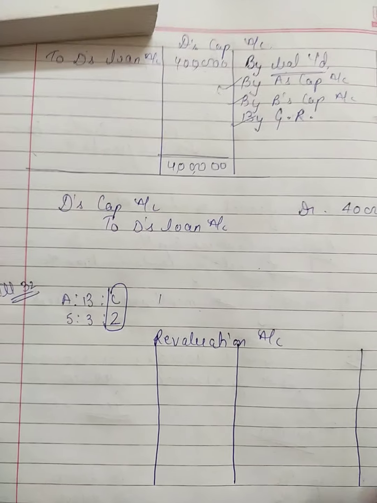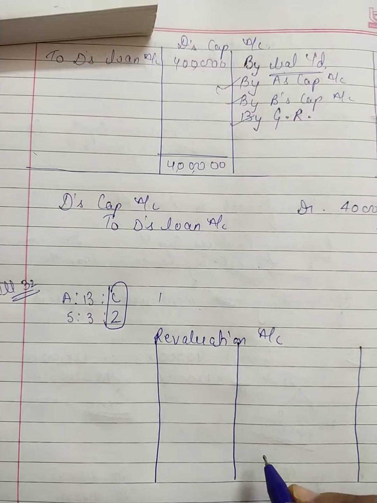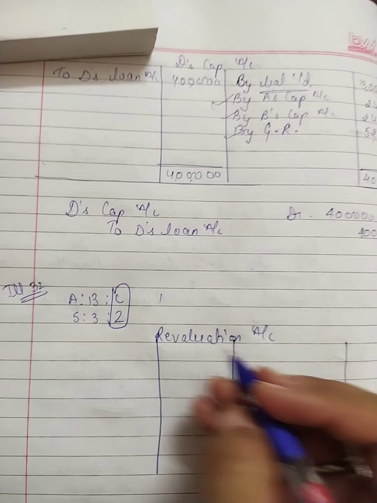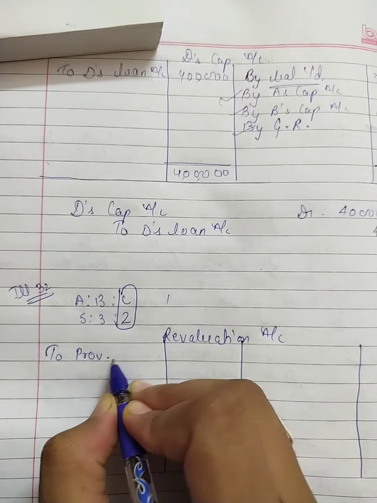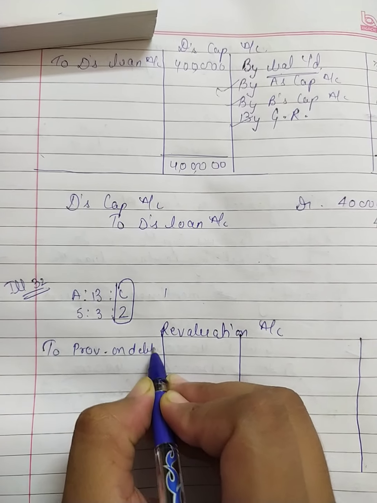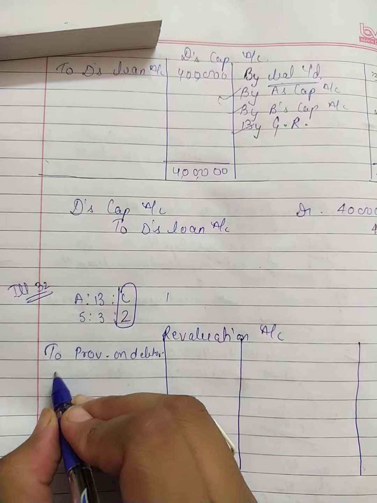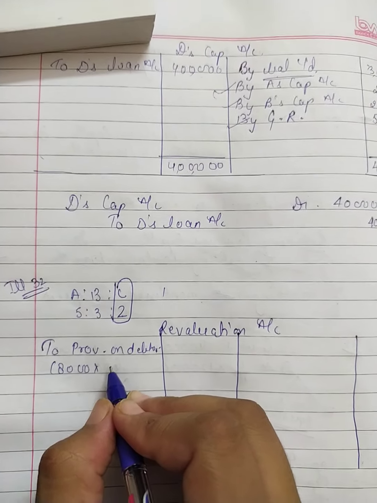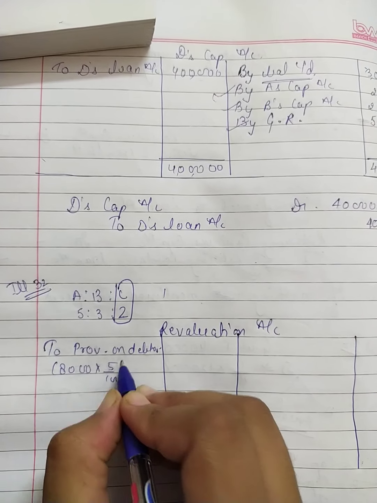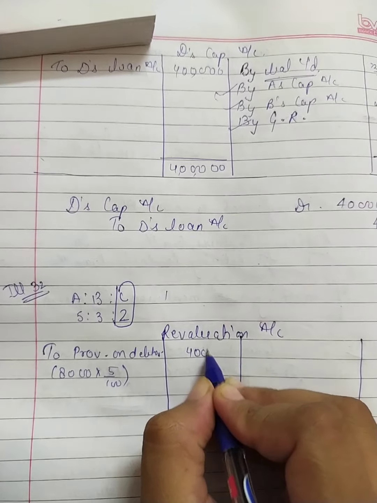So students, first transaction is that we need to prepare 5% provision on debtors. So provision on debtors, and our debtors are of amounting rupees 8,000 multiplied by 5%. So the amount will become 400.